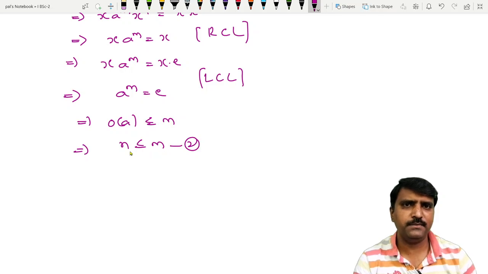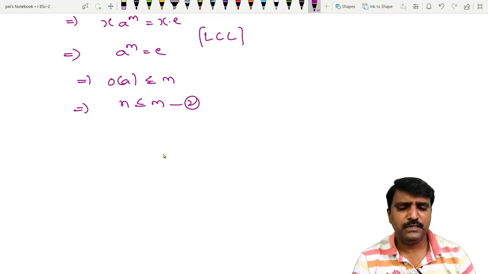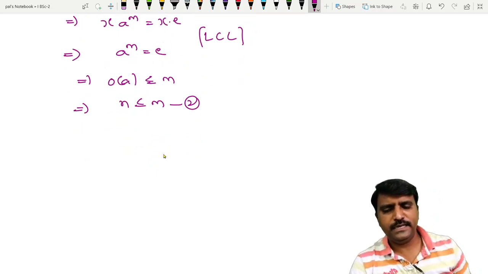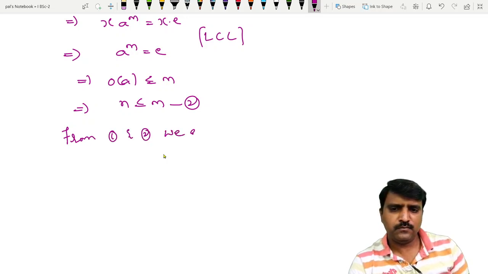It is possible only when they are equal. So that is n is equal to m. From 1 and 2 we get n is equal to m.